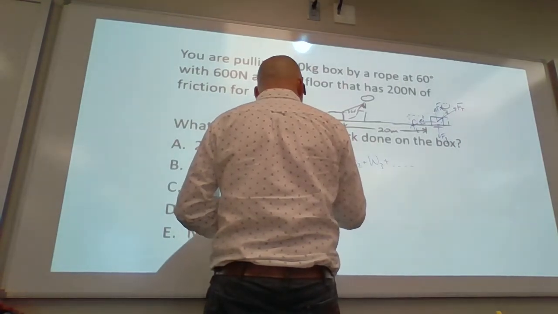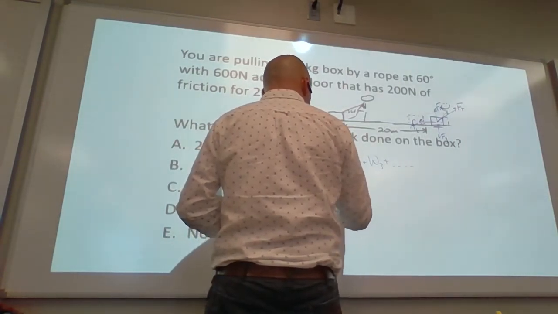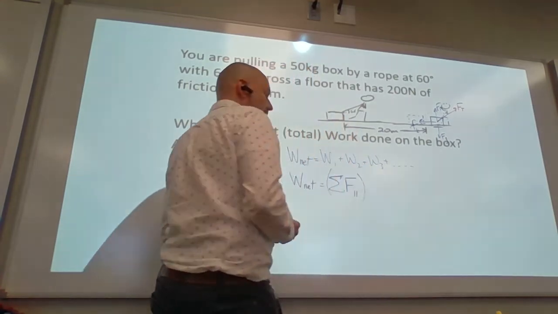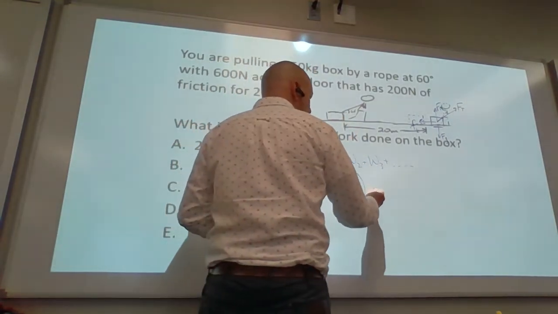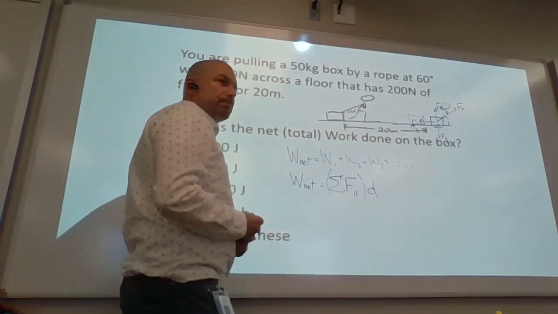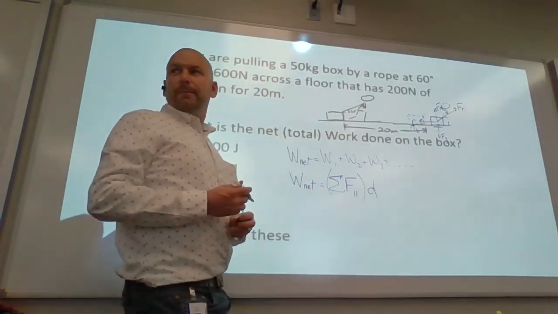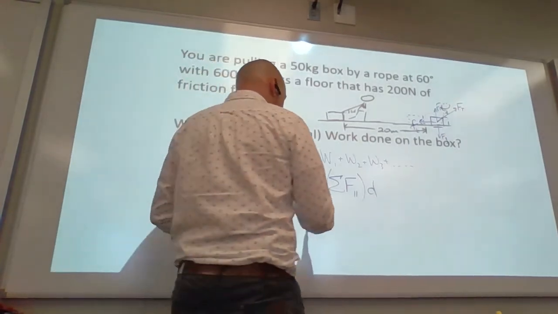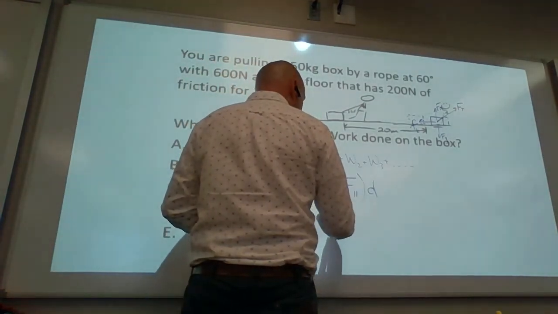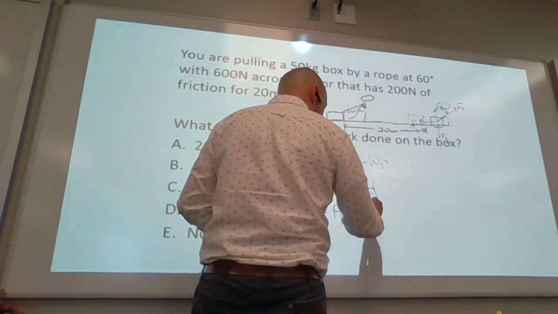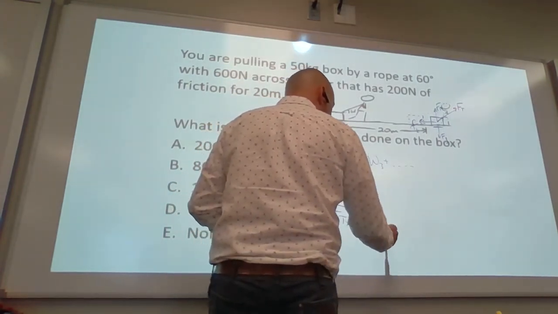You could also find it by finding the total force that's acting parallel to the direction of motion multiplied by the distance. In this case, that would be force of tension in the x direction minus friction, times distance.